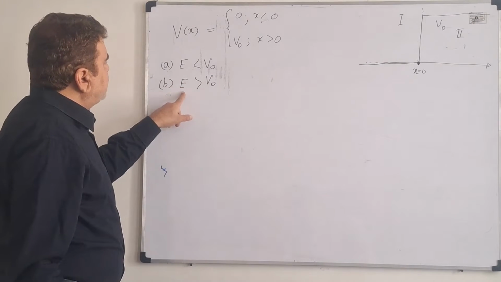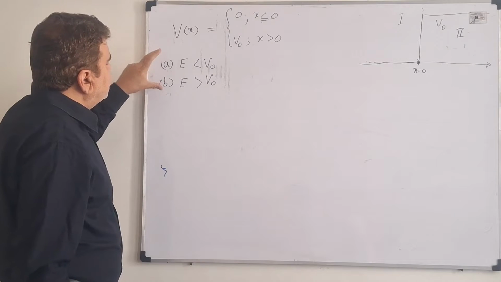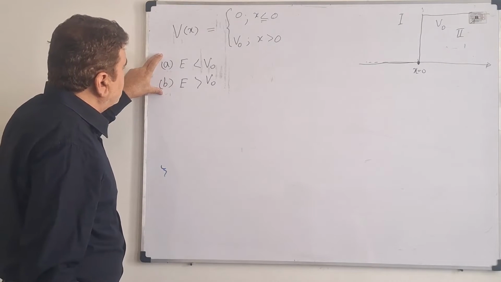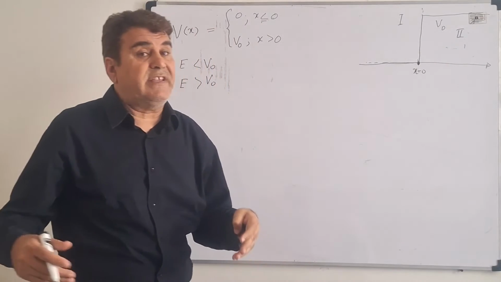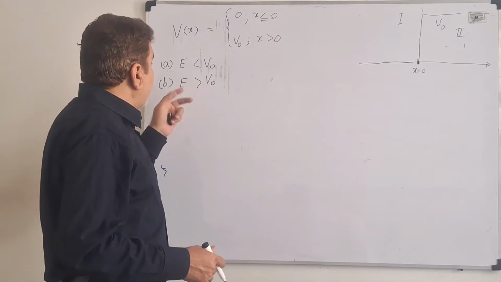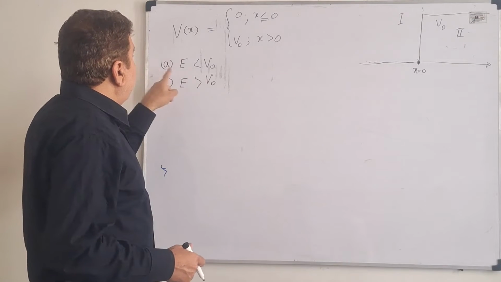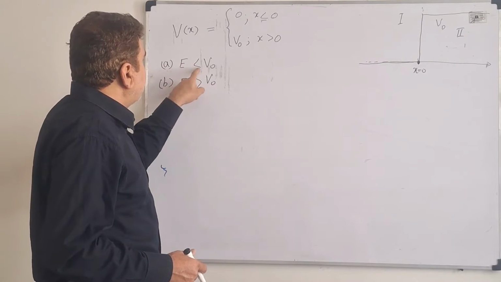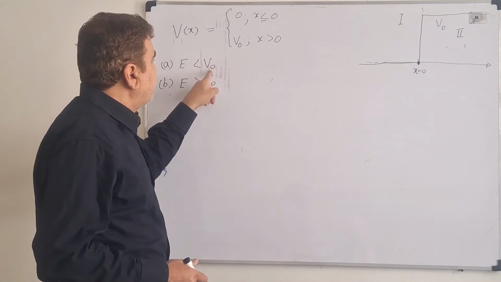The solution of the Schrodinger wave equation under these two conditions gives rise to physically different scenarios, and each condition has the right to be discussed separately. With that in mind, I would like to first consider case 1. That is, we will consider a particle with energy E less than V naught.